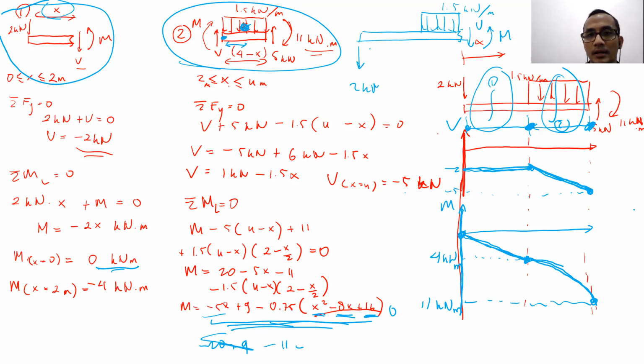The distance there will be difficult as well. The distance there will be x. Then the length of the distributed load will be, from this to this, x minus 2 meters.